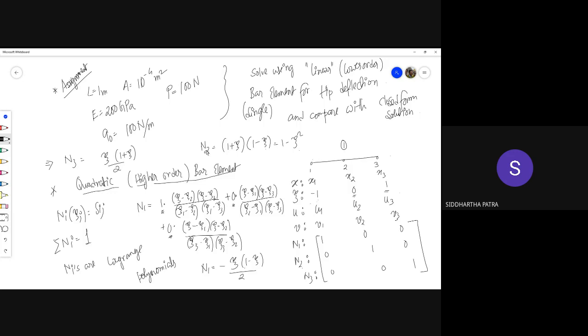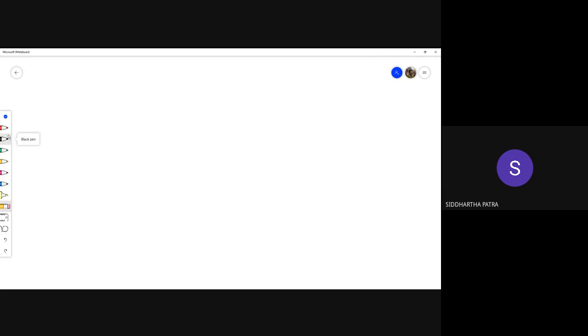Anyways, so these are the shape functions. The next step for us would be to write down the expression of u, which would be summation over ui Ni, might as well be written as N times u hat, where N is essentially N1, N2, N3, times u1, u2, u3, and we do the same thing with v.